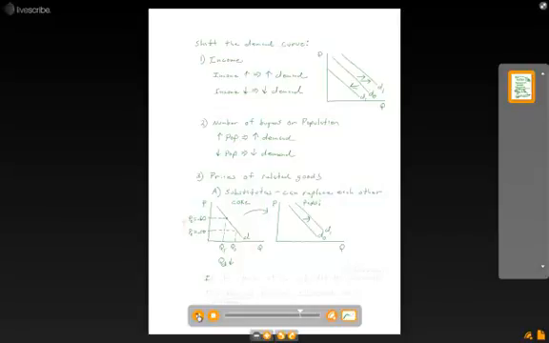So you can say if the price of a substitute increases, the demand for its substitute will increase.